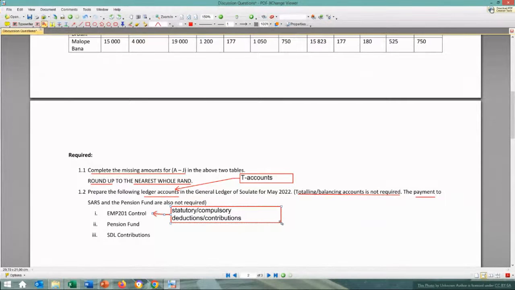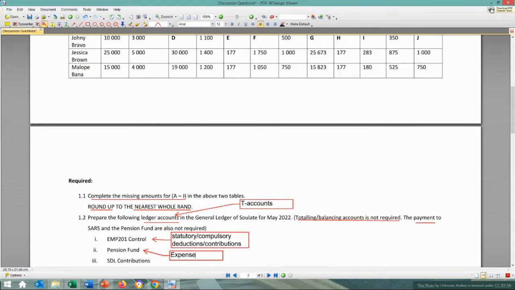Your pension fund, that is your expense account. And the SDL contributions is also the expense account. That is based on the employer contributions. Okay, so let's go look at the first thing, completing the missing information for part A to J.